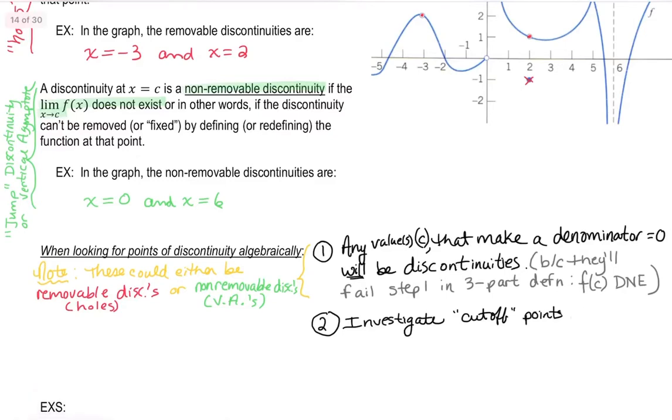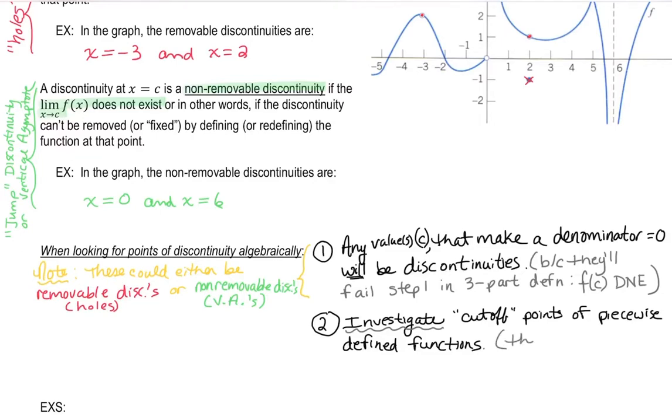And with these, all bets are off. Anything can happen. They can be continuities, they can be discontinuities, but we don't know. So we are investigating here.